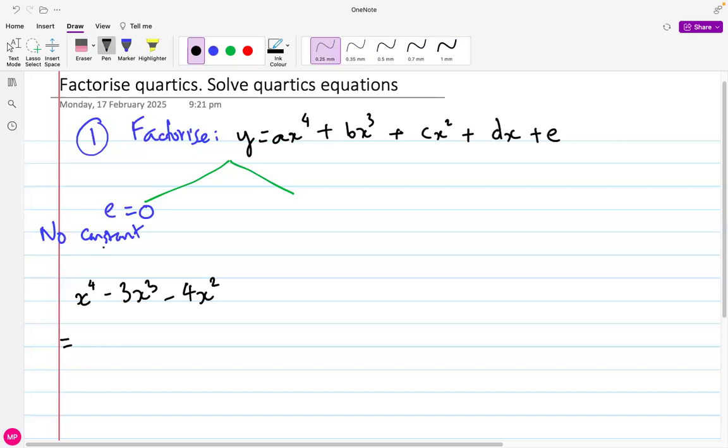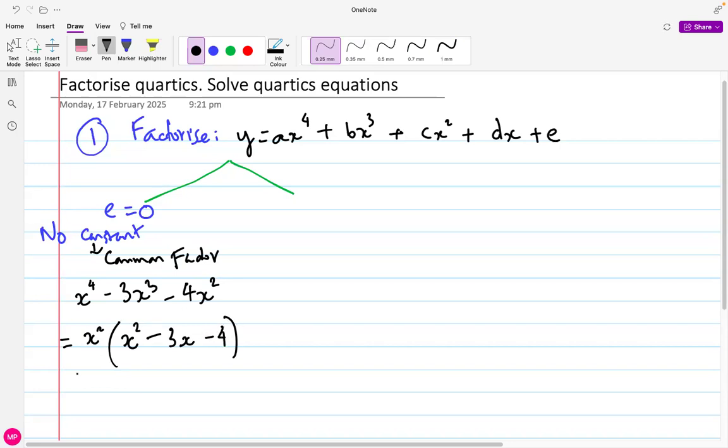This means if you have no constant, then the best way is to take out the highest common factor, which is x squared. They all have x squared as the highest common factor. Then x^4, if you take x squared out, you have x squared left; minus 3x^3, you have 3x left; and then minus 4x squared, you have minus 4 left.